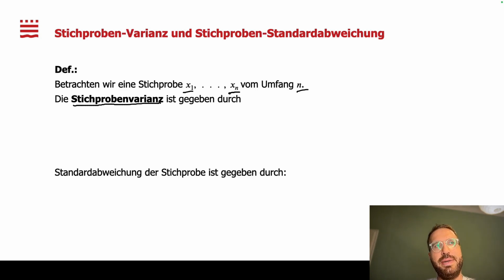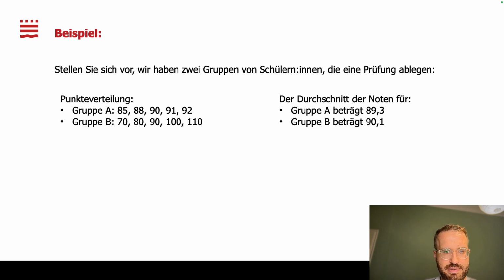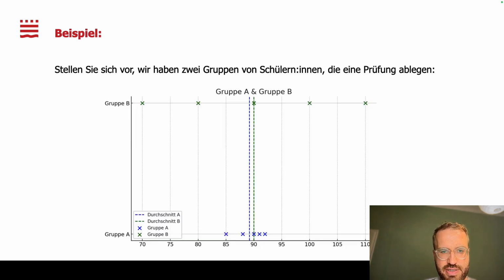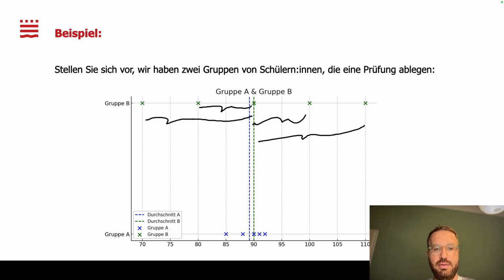So we want to examine the distances of the individual points from the mean. Let's just take a quick look at this again. We simply want to determine the individual distances from this value here, and more or less find the center or the mean.